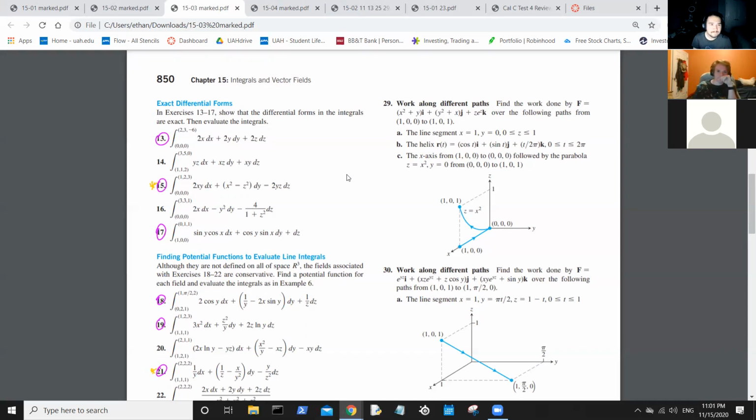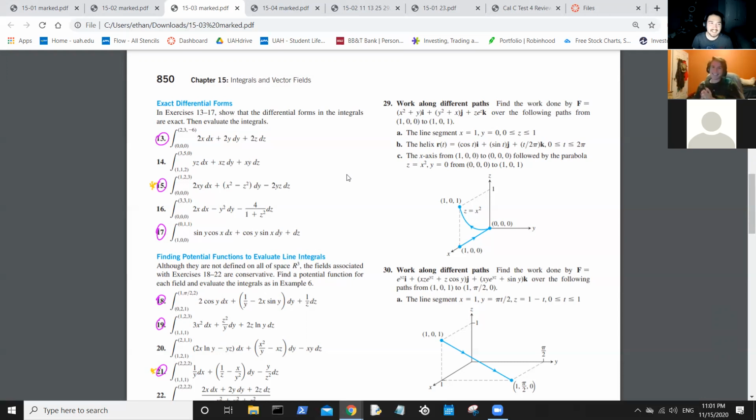Because they have a dx, a dy, and a dz. Is that it? Yeah, basic. It's the integral of M dx plus N dy plus P dz form. Therefore, it is exact. Don't make it easy. Are you sure? Yeah. All right, we'll go with it.